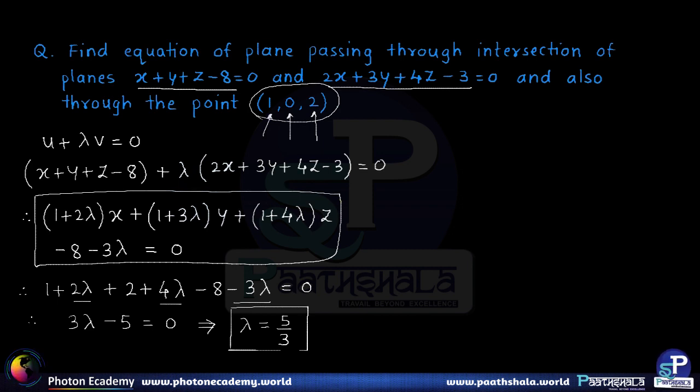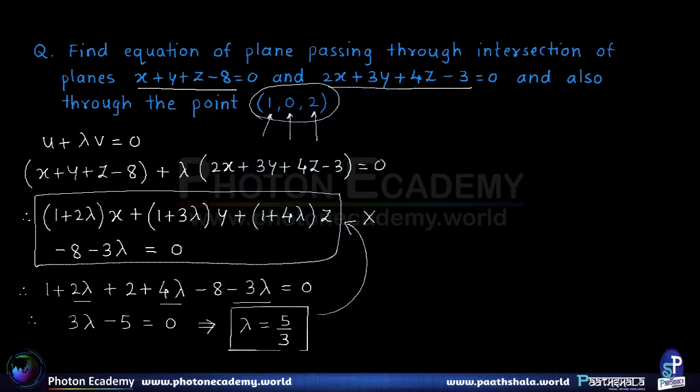Now we put back the value of lambda not in this equation because that is clumsy. The better way would be to put it directly in the original equation itself, right? That will be easier to calculate.